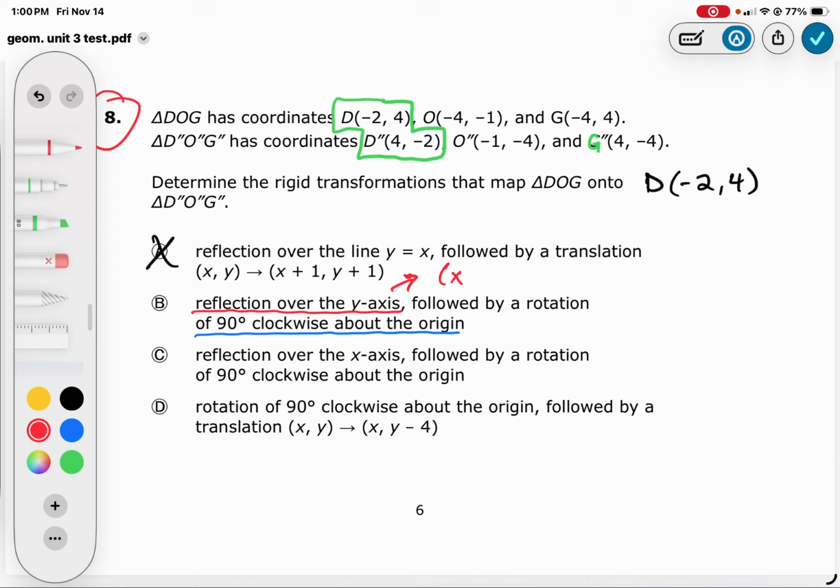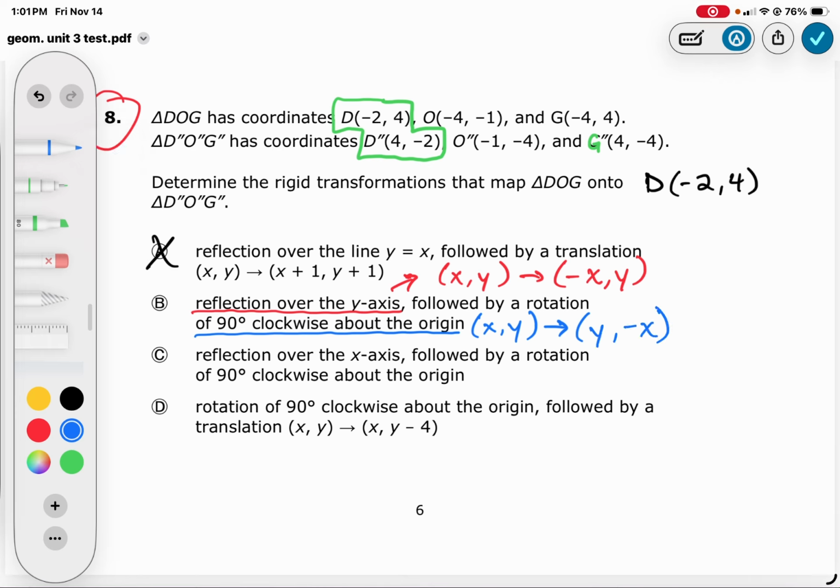No matter what your x and y are, the x changes to its opposite and the y stays the same. A 90-degree clockwise rotation is the same as 270 counterclockwise. Whatever your x and y are, the y and x switch positions, and the x becomes its opposite.